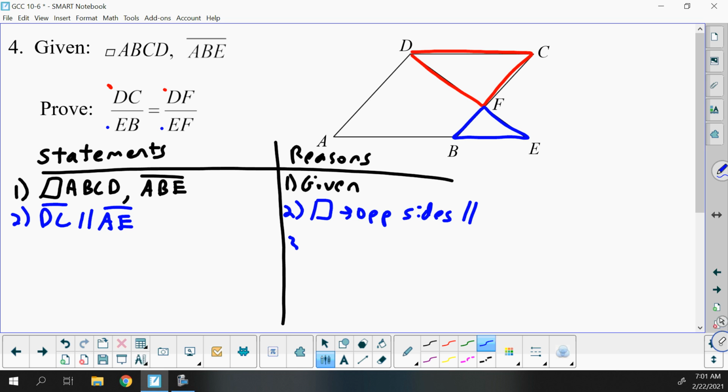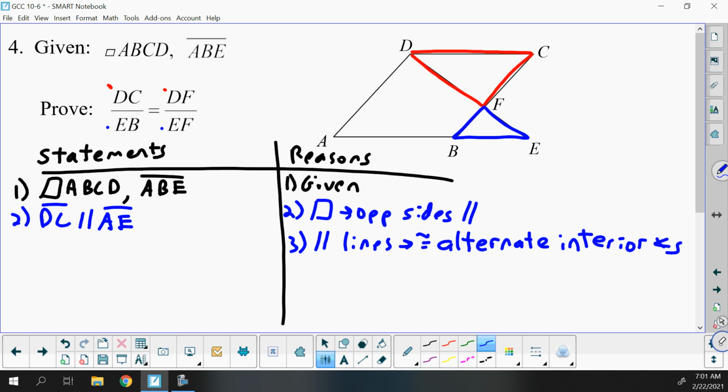And from there, we can then do like we've seen in several others, that our parallel lines implies congruent alternate interior angles. And I'm just going to go ahead and number them just to make life a little easier. So 1 is congruent to 2 from that zigzag. And 3 will be congruent to 4 from the other zigzag.